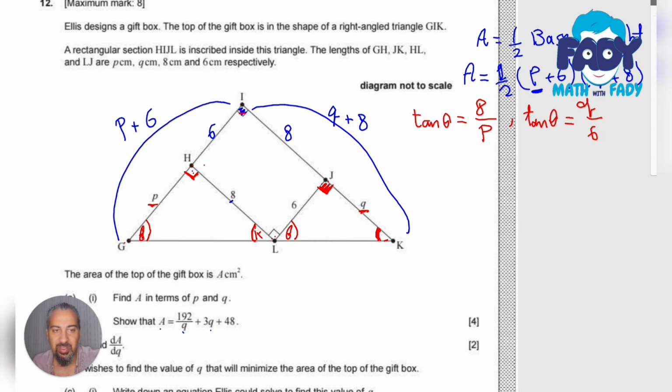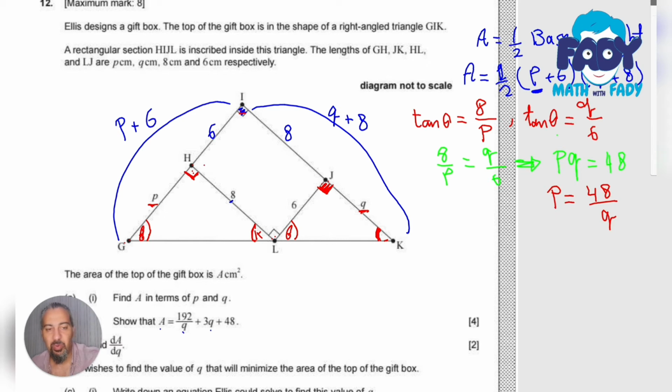Because we are talking about the same angle theta, 8 over P equals Q over 6. Cross multiply, PQ equals 48. So P equals 48 over Q. So this is the relation between P and Q.